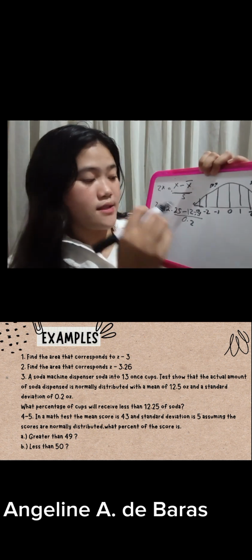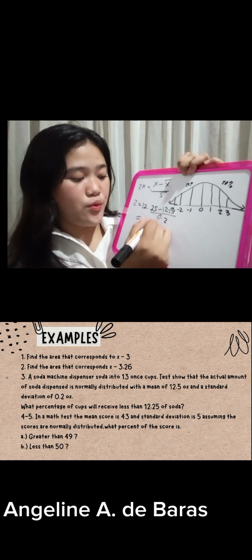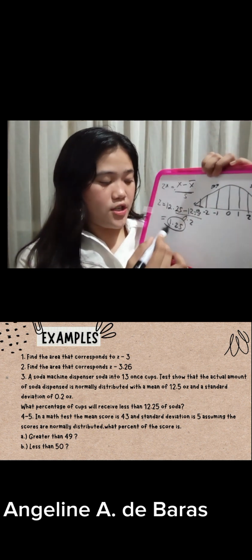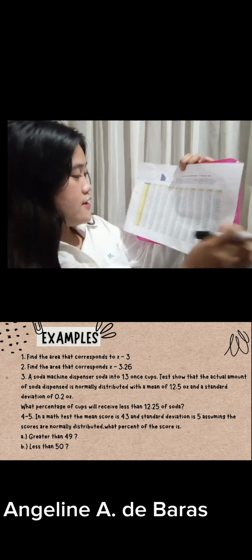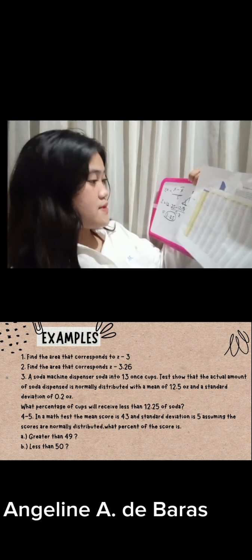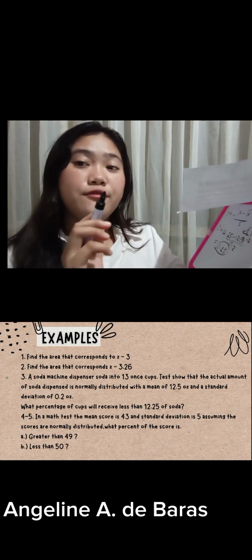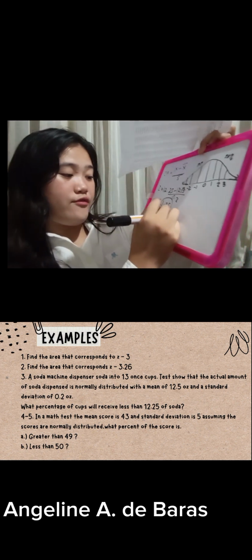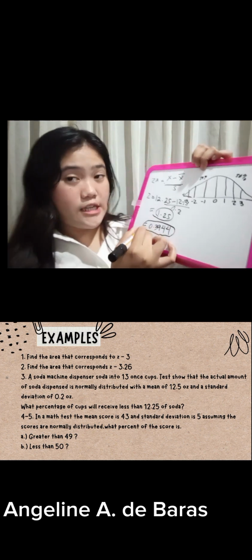If we subtract this and divide by 0.2, the answer is 1.25. After knowing the answer, let's go to our z-score table and find the 1.25. Their intersection is 0.3944. So this is the value of our z-score.